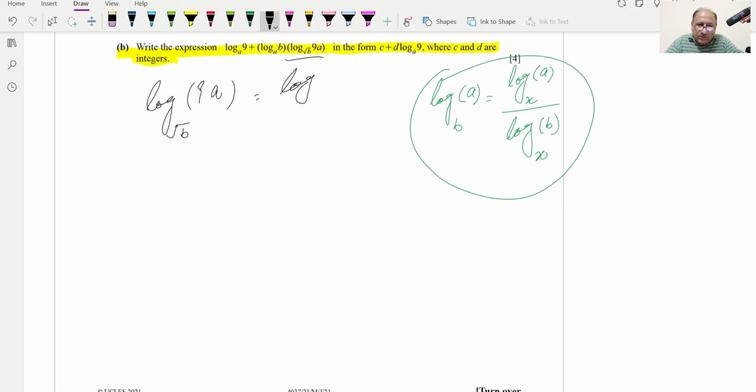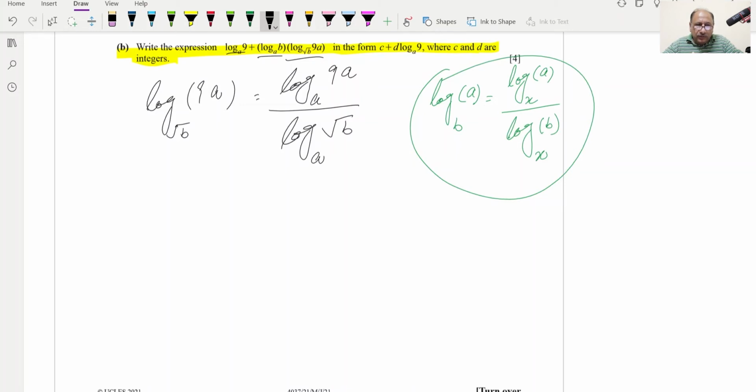Now in this case also we want to change the base of the log, so we can rewrite it as log of 9a over log of under root b, and the base we can take as a, because these two also have log base a.